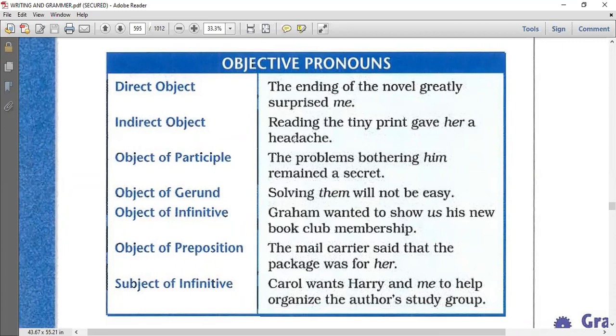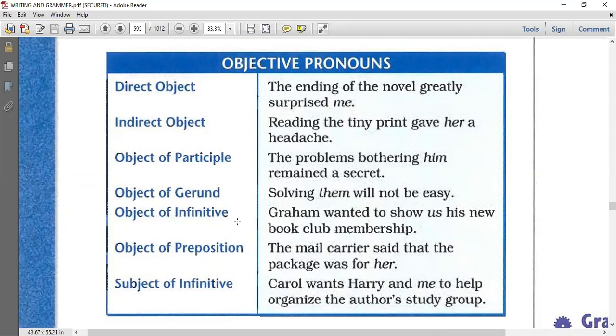Indirect object: reading the tiny print gave her a headache. After verbs like gave, the word that follows is the indirect object. Object of participle, here we have a present participle: the problems bothering him. Object of gerund: solving them.